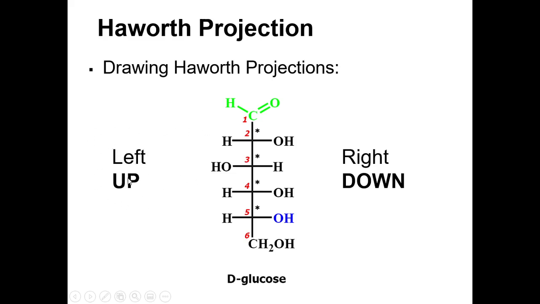So, if the OH is on the left, then later on, pag dinrawing natin yung Haworth, this OH in the third position will be up. So, naka-up siya. And then, yung OH natin na nasa right will be drawn on the downside siya. Okay? So, up, left, right, down. Yung OH na yan, mamaya, idodrawing natin siya na nasa ilalim.